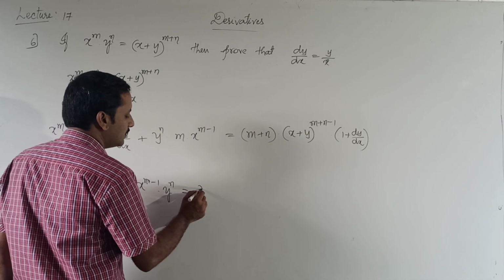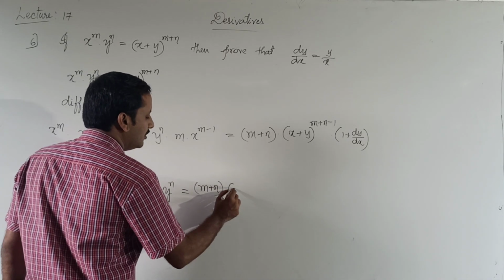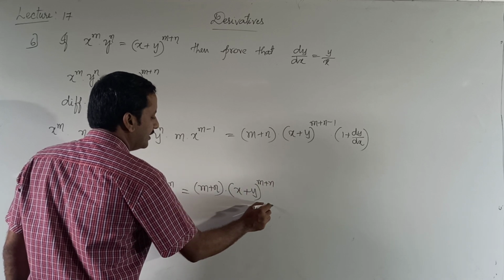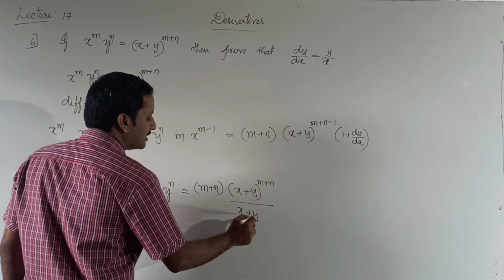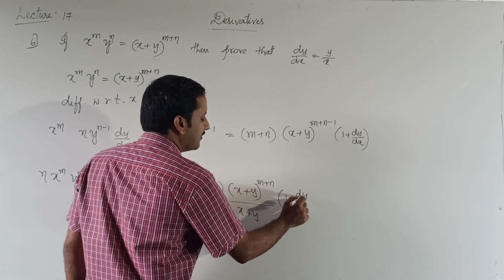Okay, so m plus n into x plus y whole power m plus n divided by x plus y into 1 plus dy by dx.